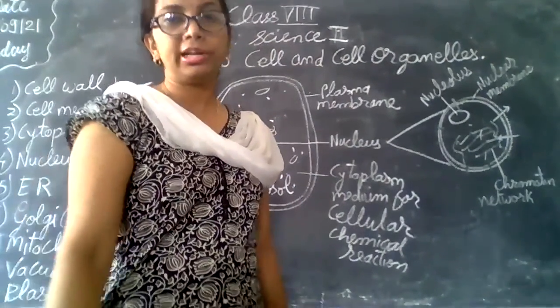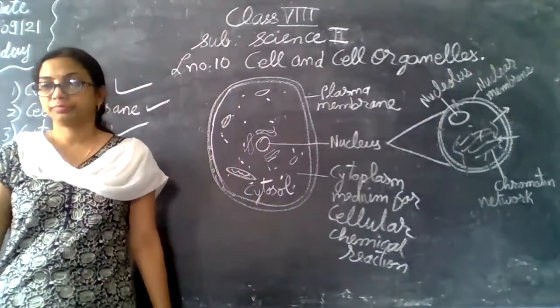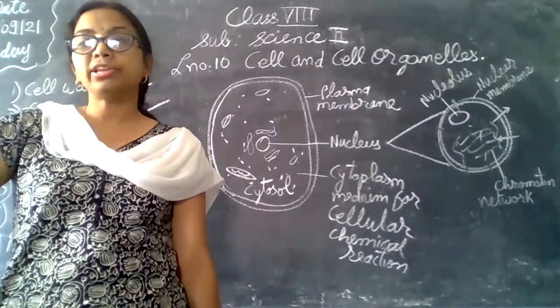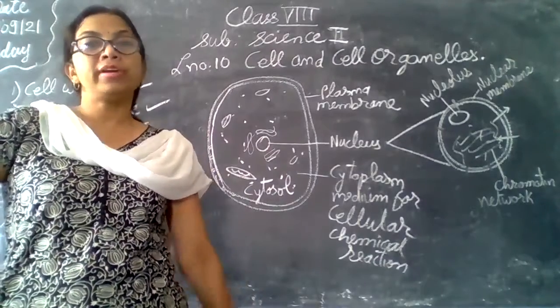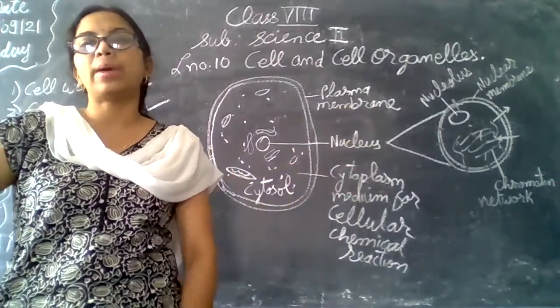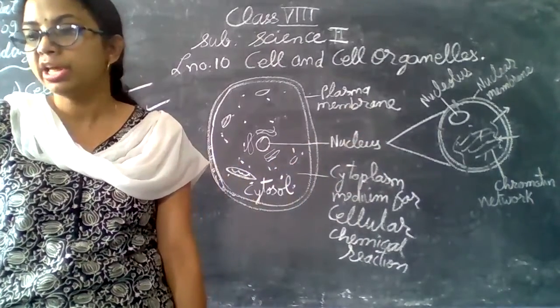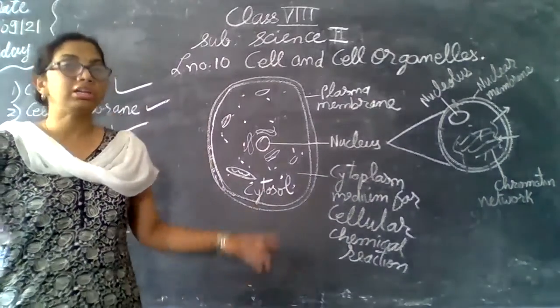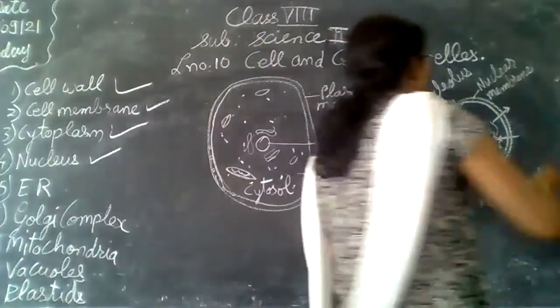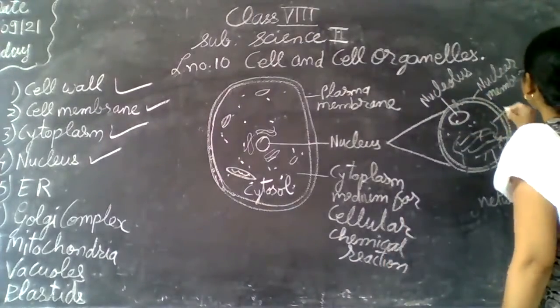Okay, are you getting it all? Then inside the nucleus there is also a fluid material in which this nucleolus and chromatin network is suspended. That is called nucleoplasm, not cytoplasm. Inside the nucleus, what fluid material is there?